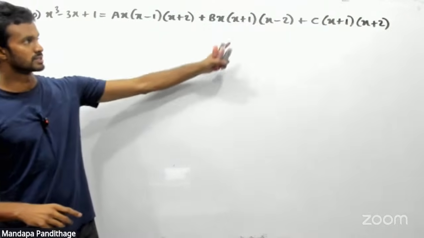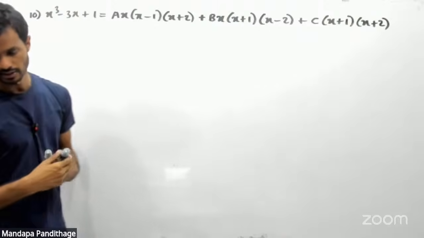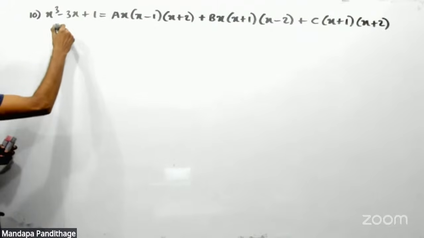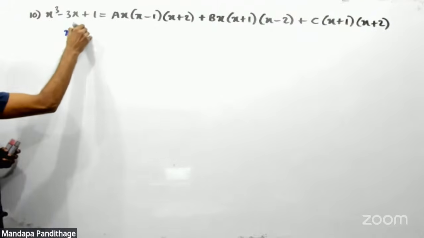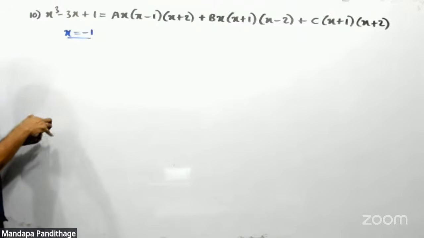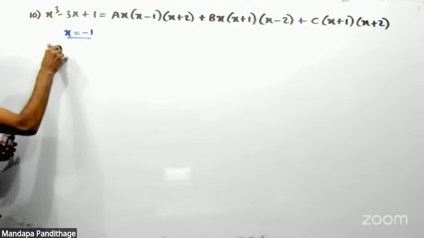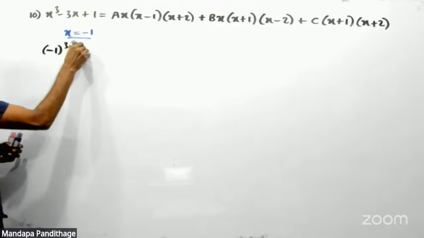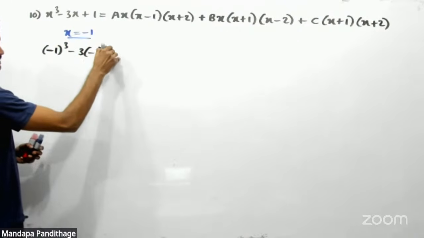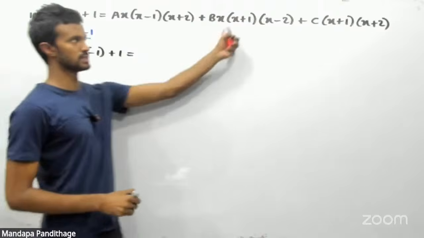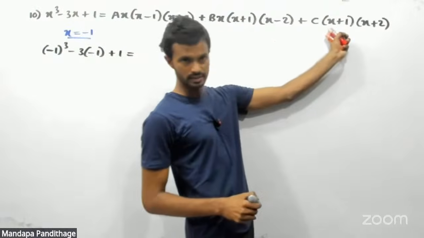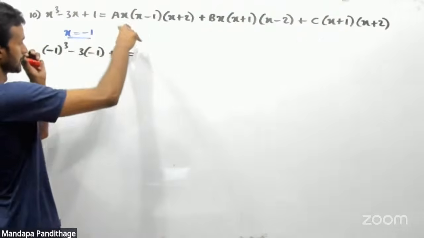What is the common factor? x plus 1 is common, so I'm substituting x equals minus 1. When you substitute x equals minus 1, it's minus 1 cubed minus 3 into minus 1 plus 1. These two terms are 0.